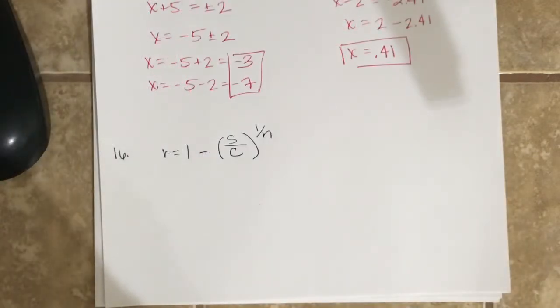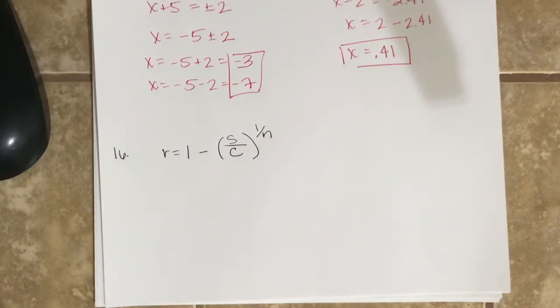So number 16 is a word problem. It says a hospital purchases an ultrasound machine for $50,000. The hospital expects the useful life of the machine to be 10 years, at which time its value will have depreciated to $8,000. Depreciated means like going down in value.